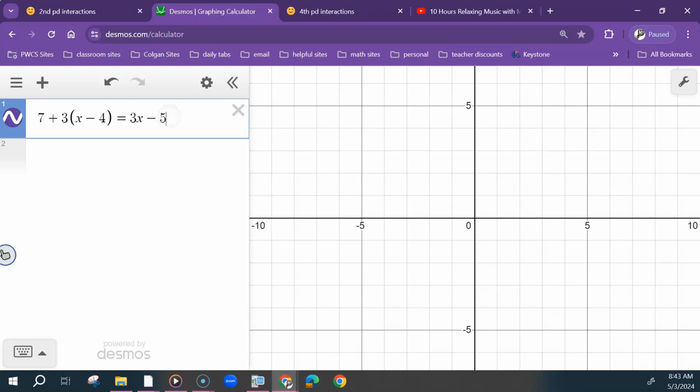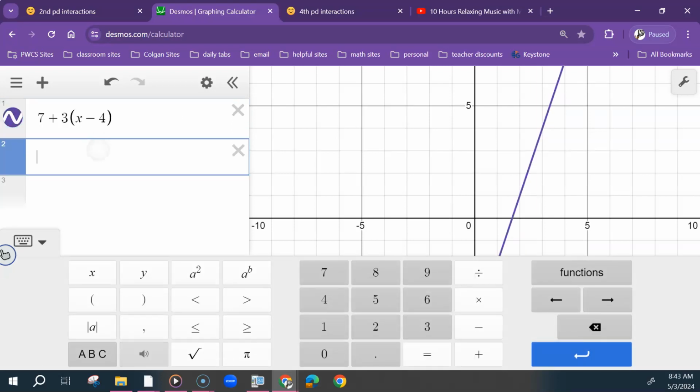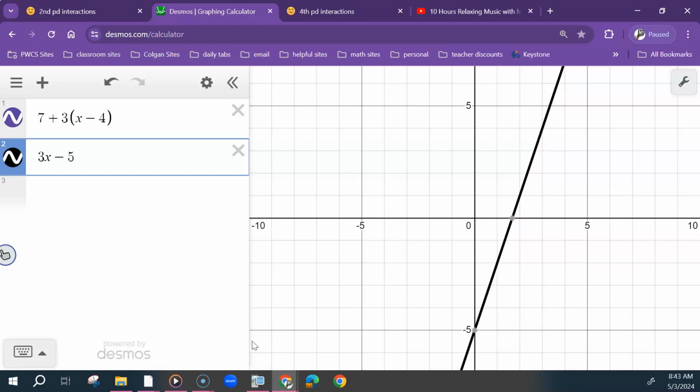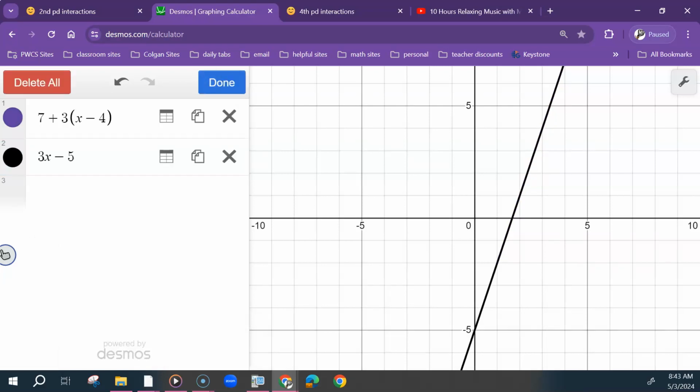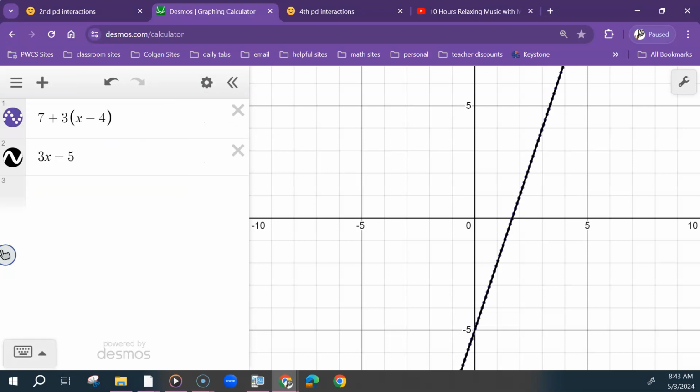So then I'm going to separate this, take just the back end off. And then I can see that these two overlap, which would make this infinitely many solutions.